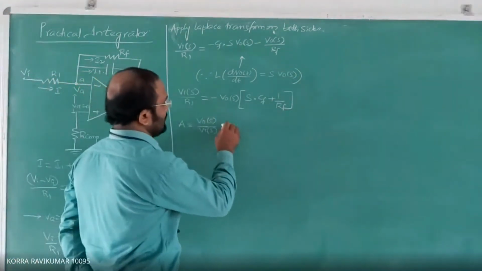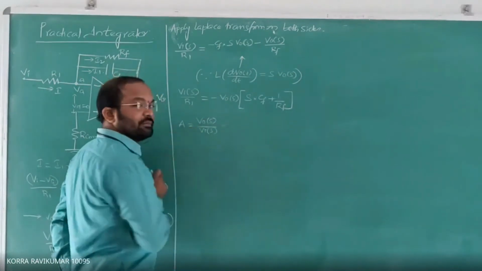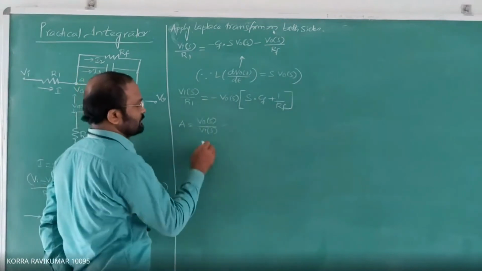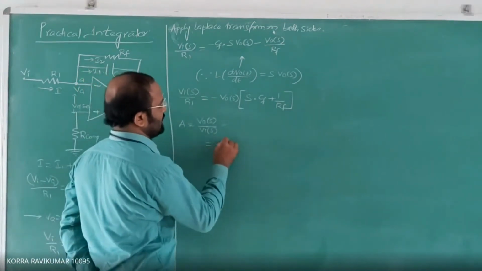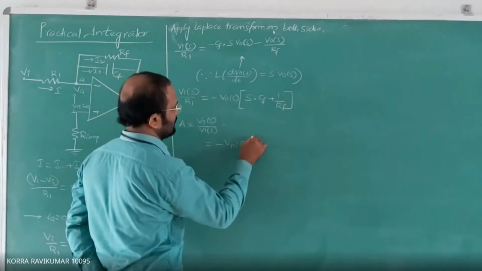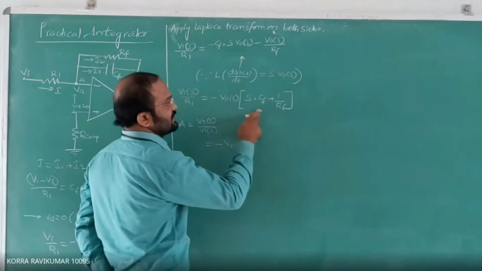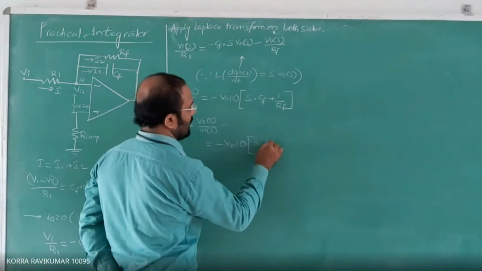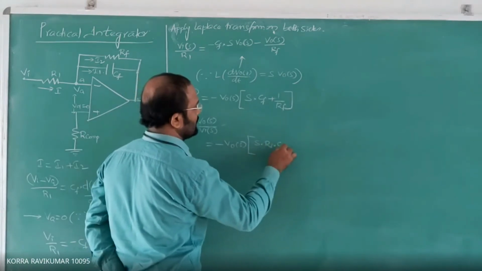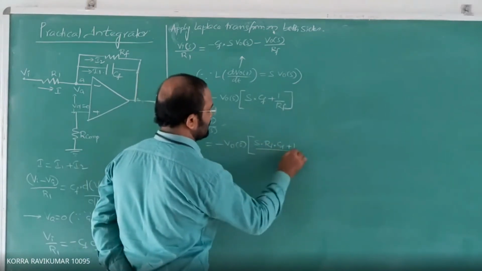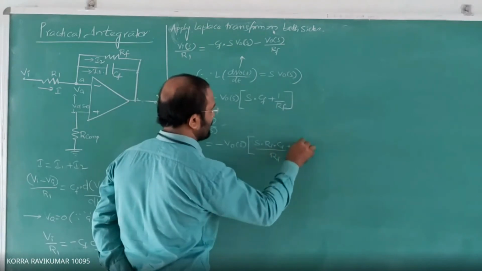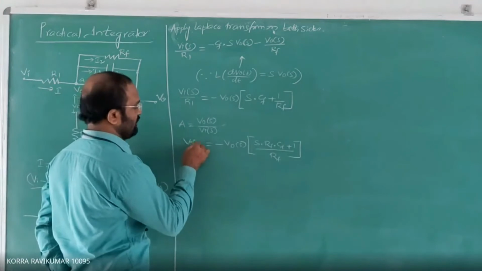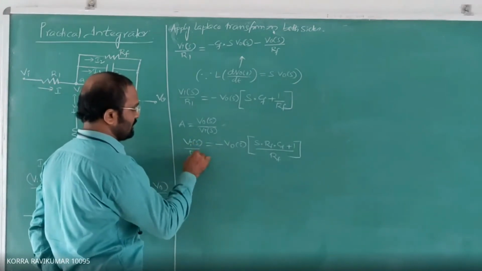To get this, we have to further simplify this expression. Minus V0(s) times, taking the LCM here, s into RF into CF plus 1 divided by RF, which is equal to Vi(s) by R1.